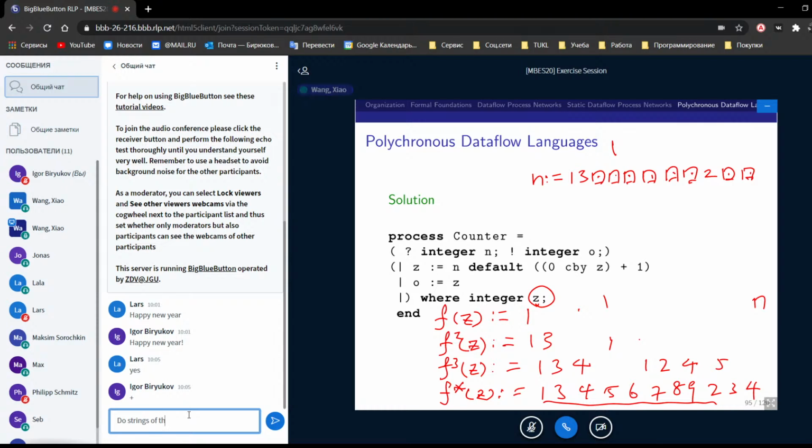Notice that z doesn't have a question mark or exclamation mark in front of it, which means that you can both read from it, and then after computing that, you send it to the output. I think that is also a question Lars' group has had.